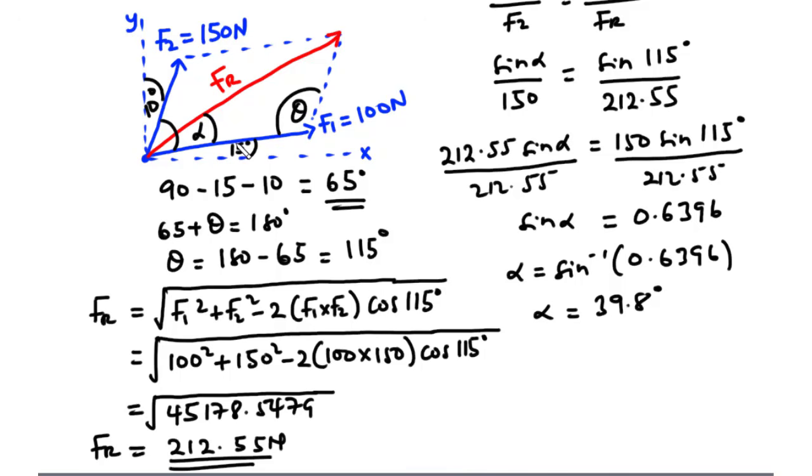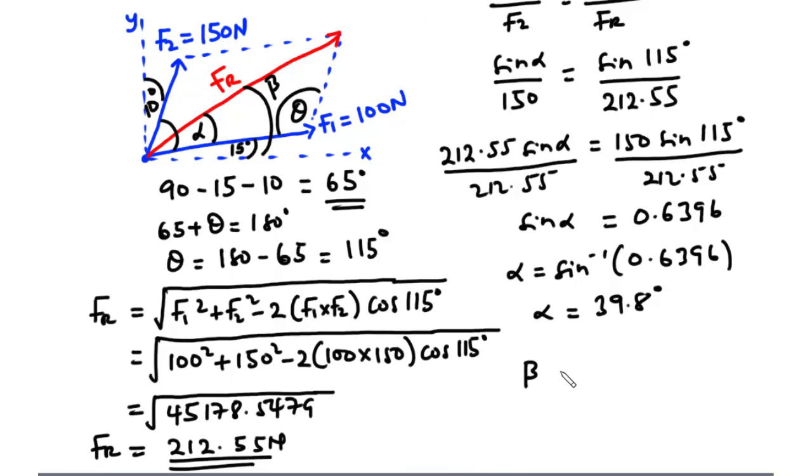Now don't forget that alpha is the angle between the resultant force and F1. However, we are looking for the angle between the resultant force and the positive x-axis. Now to find that angle, we are going to add the value of alpha to 15 so that we get the angle between FR and the positive x-axis. So this is what we are looking for. Now let's call this beta, or angle beta.